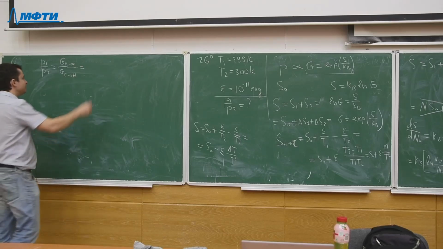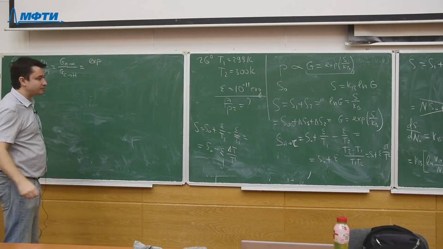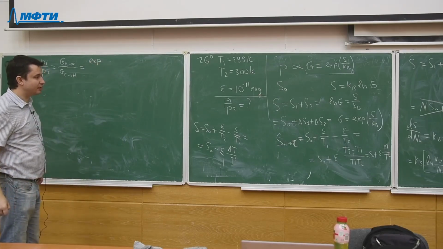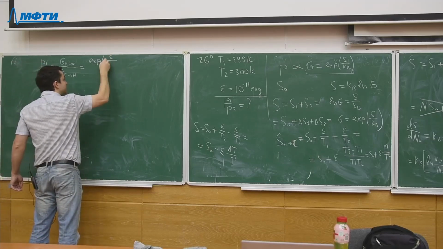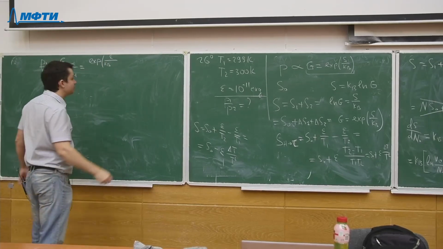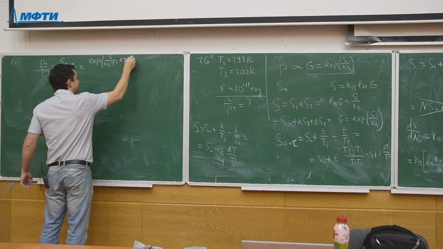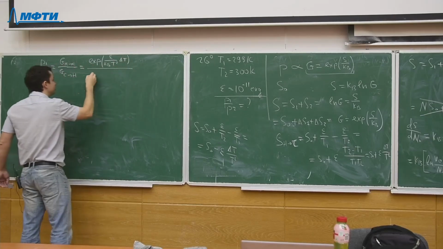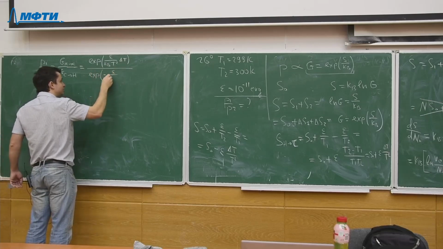So that gives me the exponent of epsilon over Kb times delta T over T squared. And in the denominator I can write the same exponent but with the minus sign.